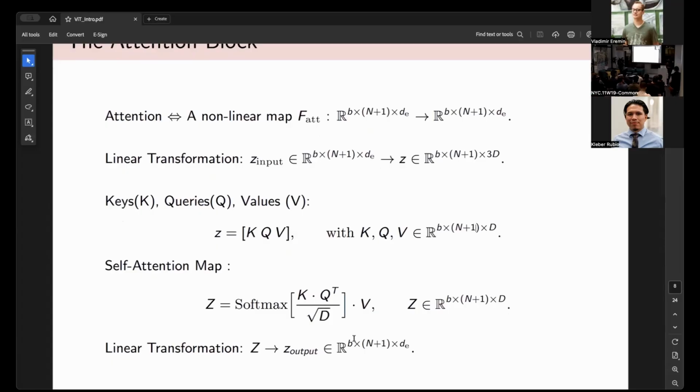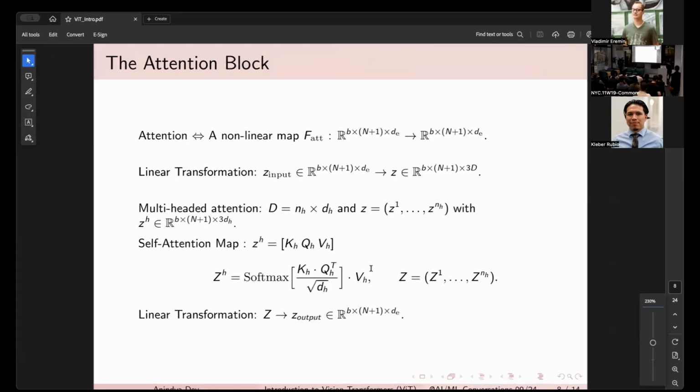Now, in most cases, this is not enough. We need what is called multi-headed self-attention, but that's a very easy generalization of what I just told you. The first step is still the same.